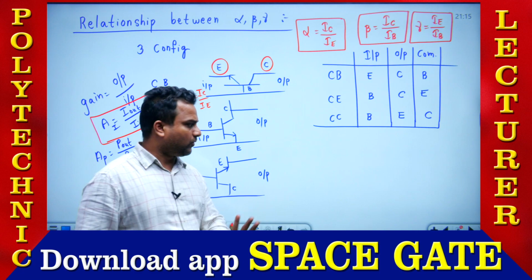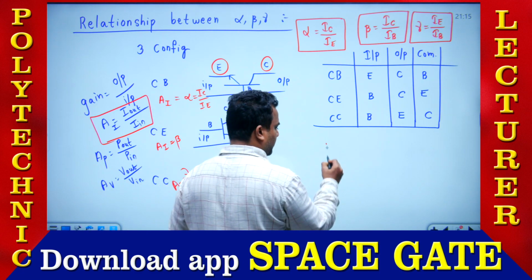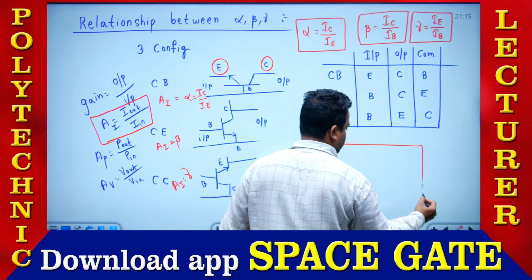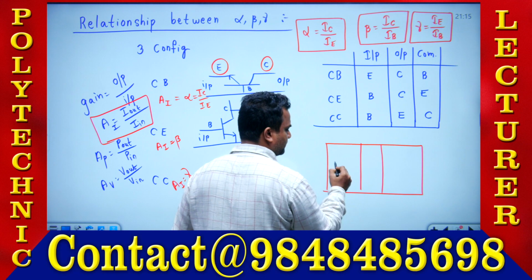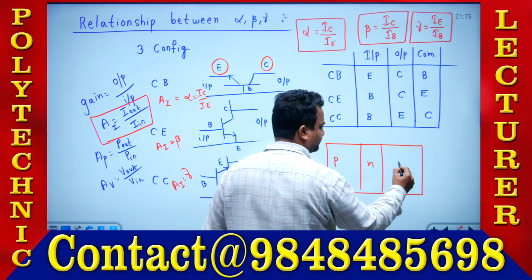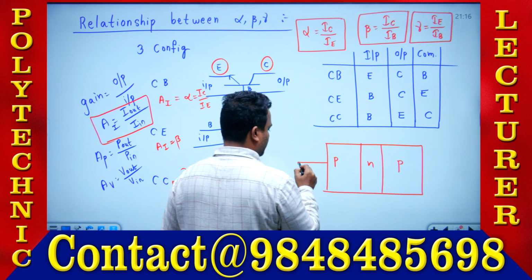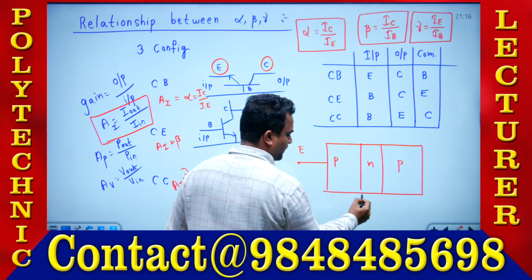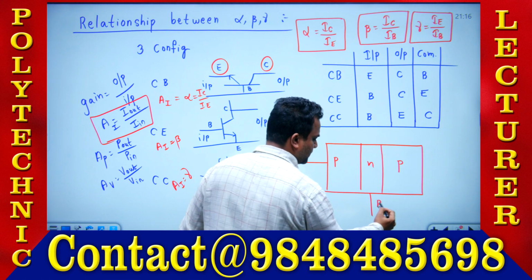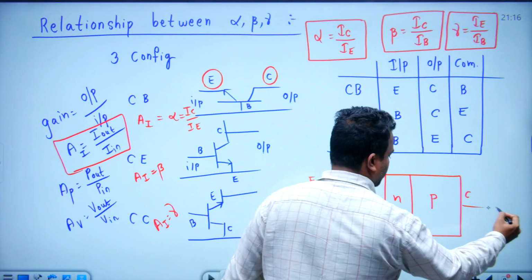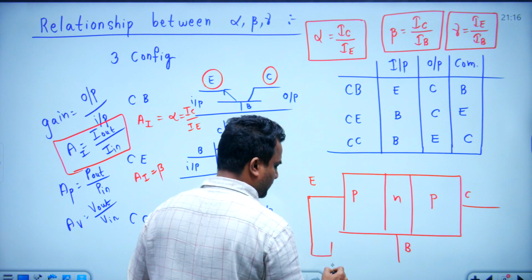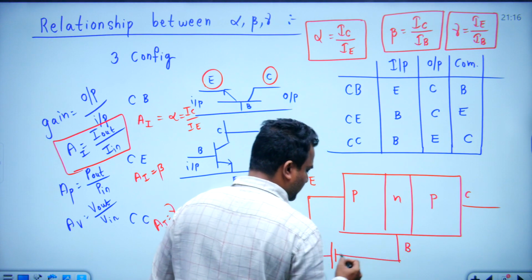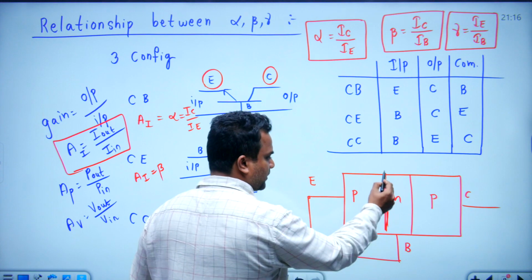Got it? Now guys, let's have a simple analysis where there is a PNP transistor. Let's assume emitter, base, collector. From emitter to base there will be an emitter junction. This is the emitter junction.